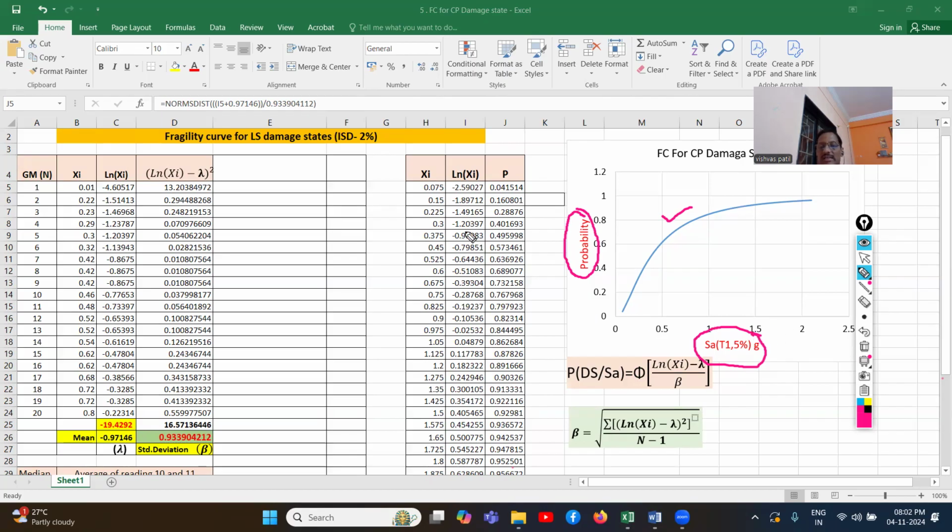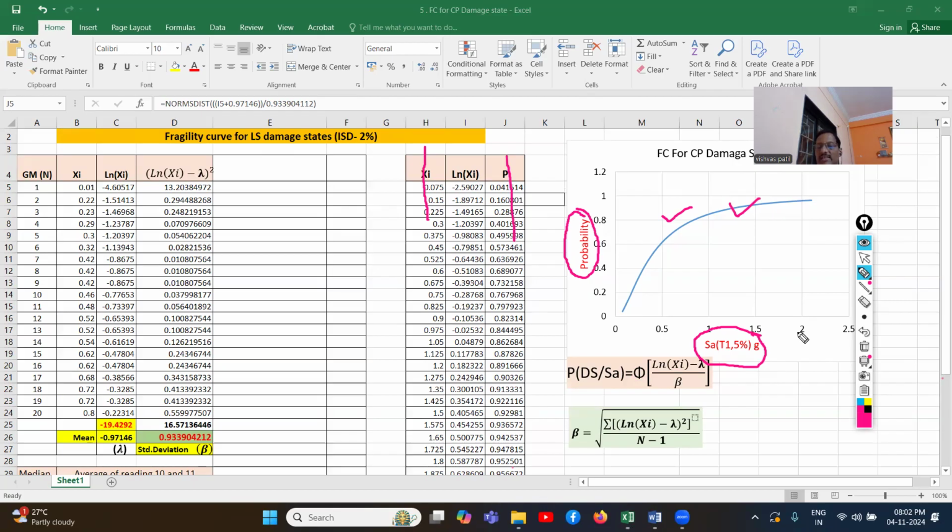So the two columns required are the probability on the y-axis and column H on the x-axis. Then we will get the fragility curve like this. So this is the procedure to construct a fragility curve for a life safety damage state.